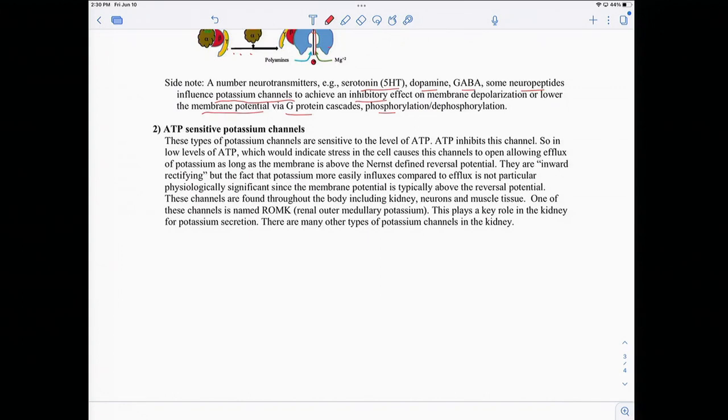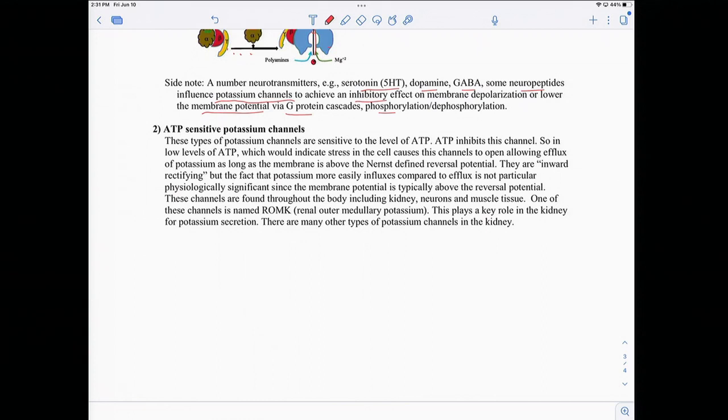Okay, the last two general types of potassium channels that are not technically called voltage sensitive are going to be ATP sensitive potassium channels, and the next is going to be calcium sensitive potassium channels. So let's talk about the ATP sensitive potassium channels.